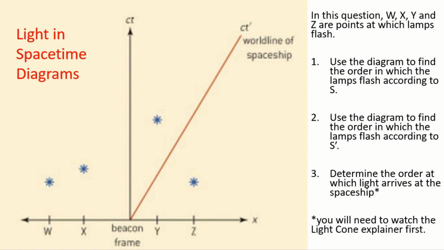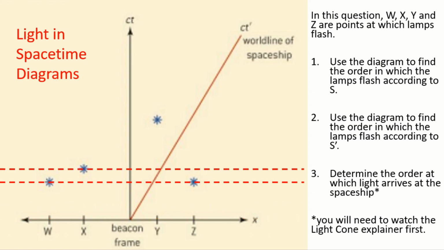So, for example, we can see events W and Z lie on a line which is parallel to the x-axis. And so these two actually flash at the same time, the same value of t. X then comes later, and Y is the last one. So in terms of the order of the flashes, W and Z go first, X then comes, and then Y is later.